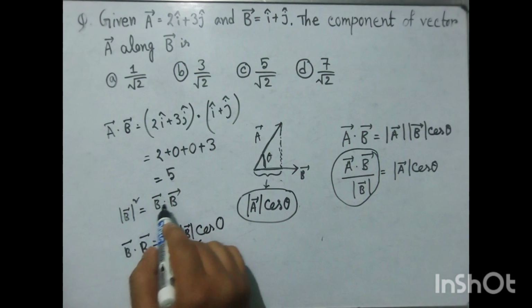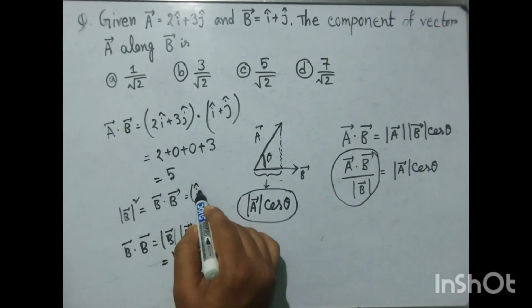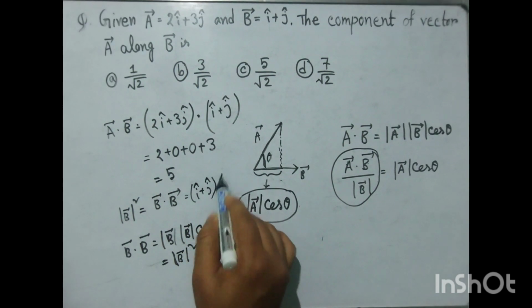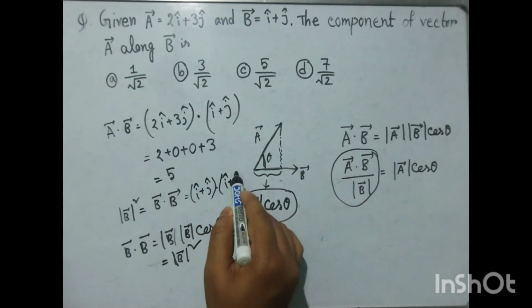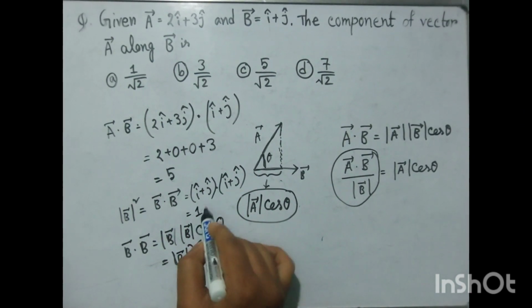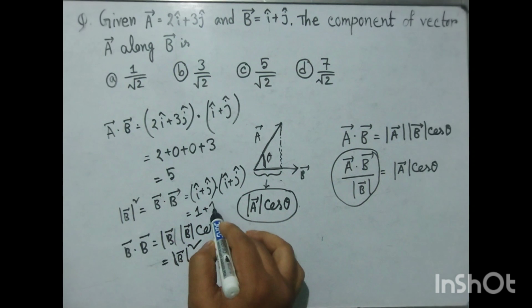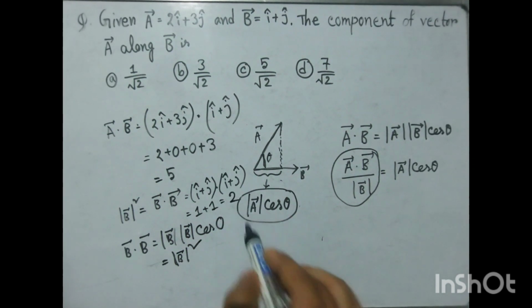So we know B vector is i cap plus j cap dot i cap plus j cap. So i cap dot i cap is 1, i cap dot j cap is 0, j cap dot i cap is 0, j cap dot j cap is 1, 1 plus 1, that is 2.